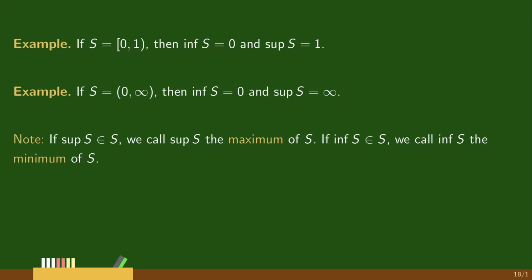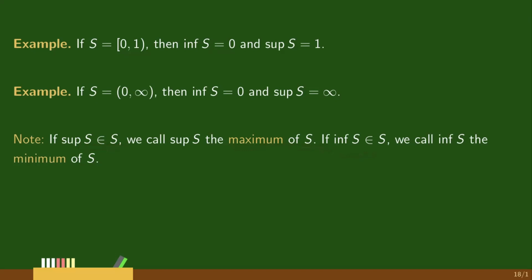If it happens that that supremum is an element of the set itself, meron siyang special na pangalan. Ang tawag natin sa kanya ay maximum of S. Kung on the other hand, yung infimum naman ay element ng S, yung infimum na yun may special na name.